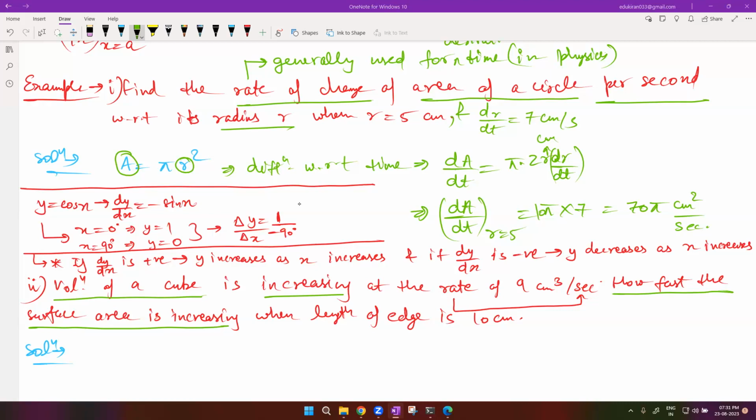Yes, sir. So the volume of a cube is increasing. We are talking about a cube and specifically about the volume of a cube. And this is increasing at the rate of 9 centimeter cube per second.